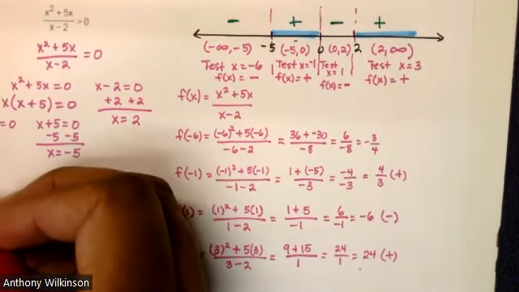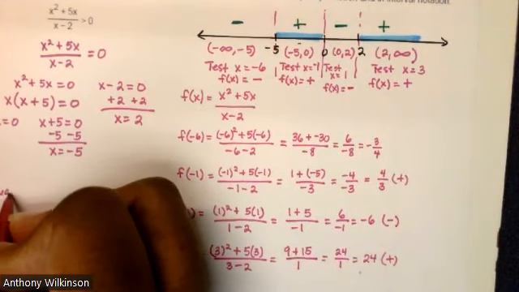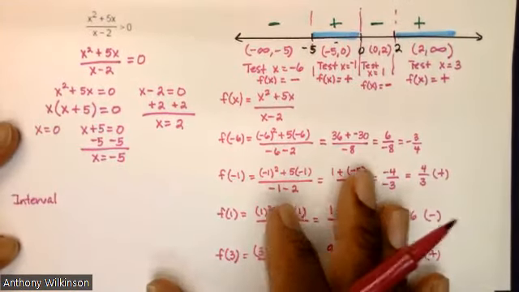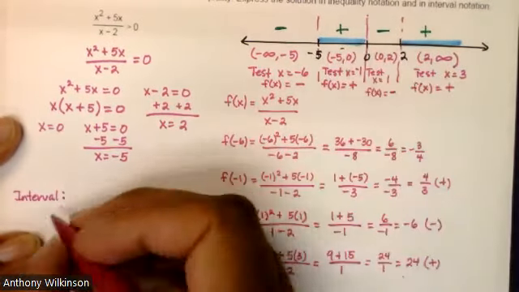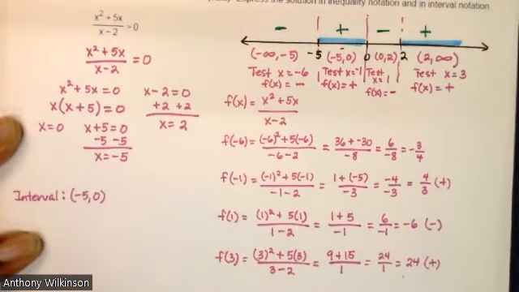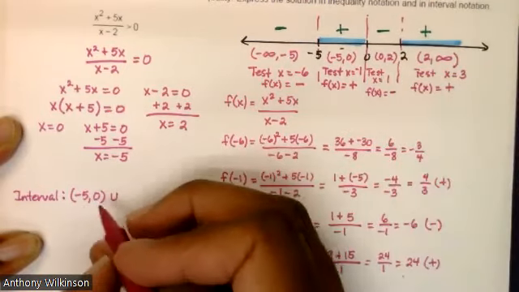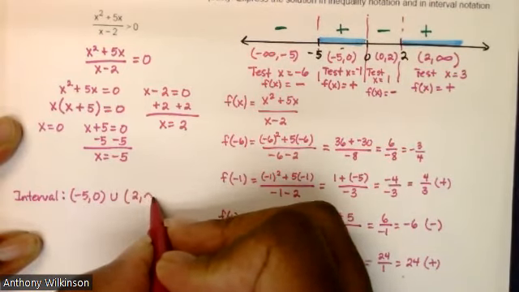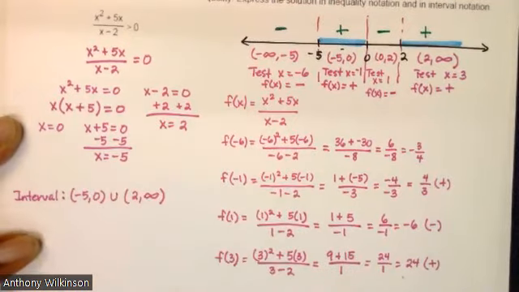So the interval notation for that would be from -5 to 0, and since it's greater than, I have to use parentheses, not brackets, or 2 to infinity. And since 2 is not included, I have to use parentheses, since 2 is not included.